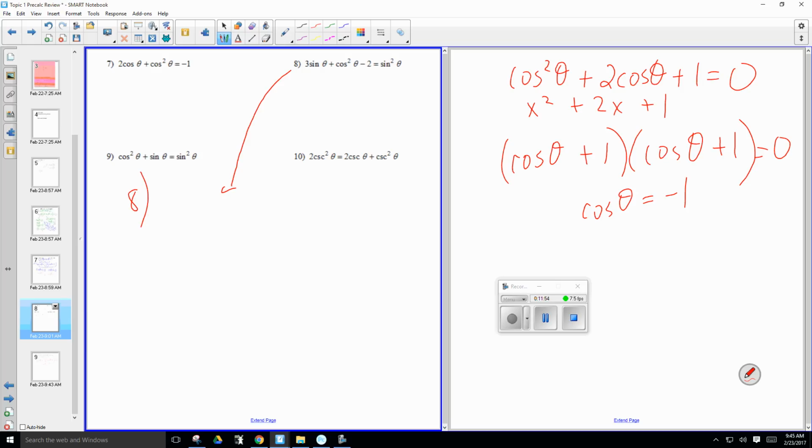And 8. Oh boy. Cosines and sines. No, no. Seems different. What am I going to do? Set everything on one side.